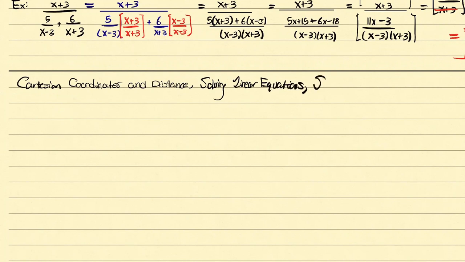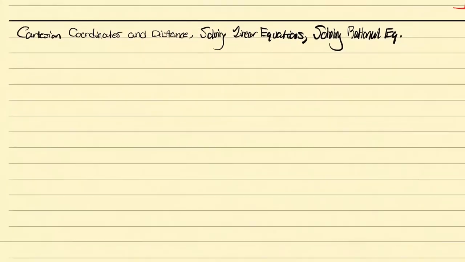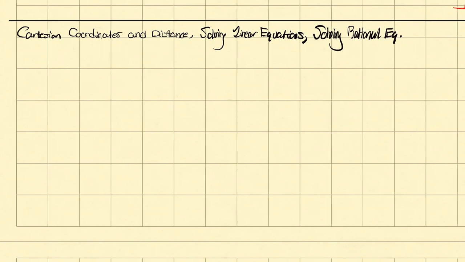And then solving rational equations. So now we're getting into some harder stuff. Maybe I can change the template and that will actually give us a little bit easier time. Okay, cool.